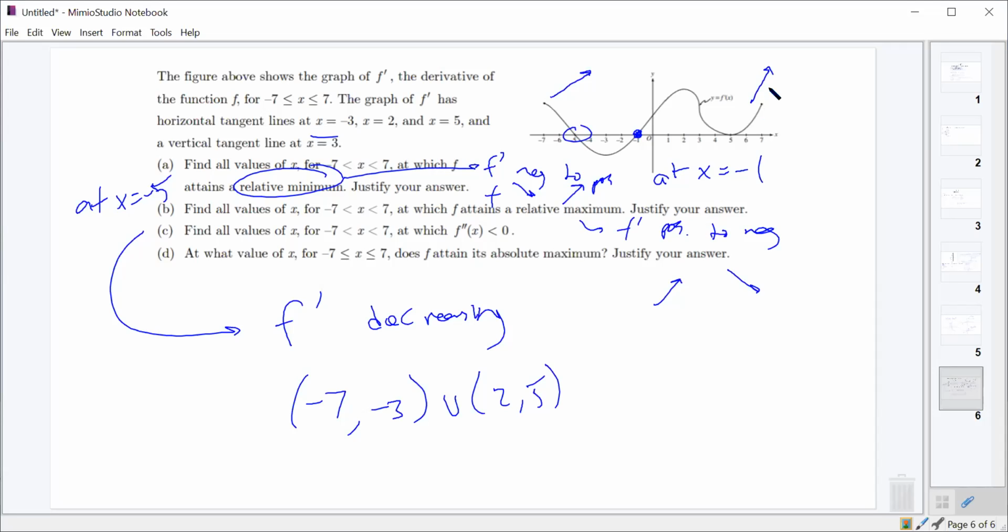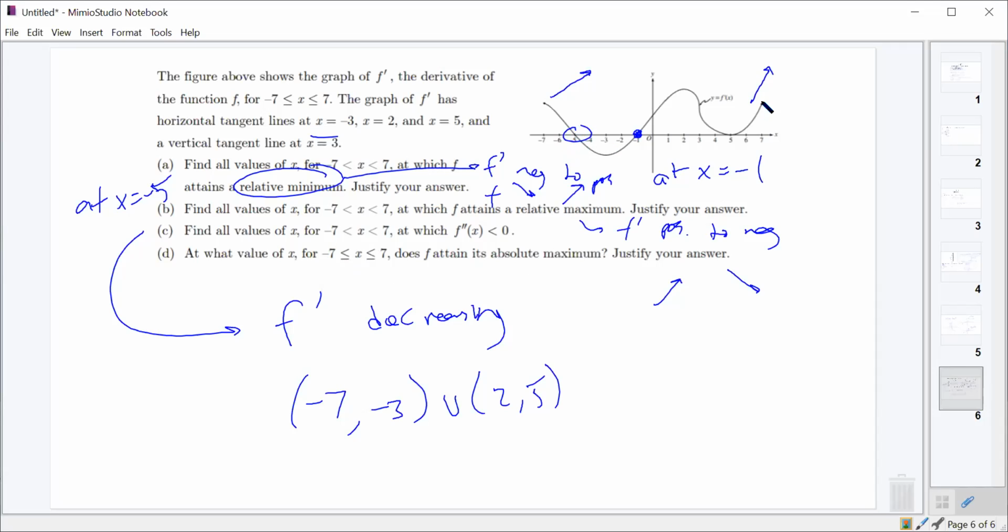Cool. And then for part D, it wants to know at what value of x for -7 to 7 inclusive does f attain its absolute maximum. And so we have a relative max here at -5.